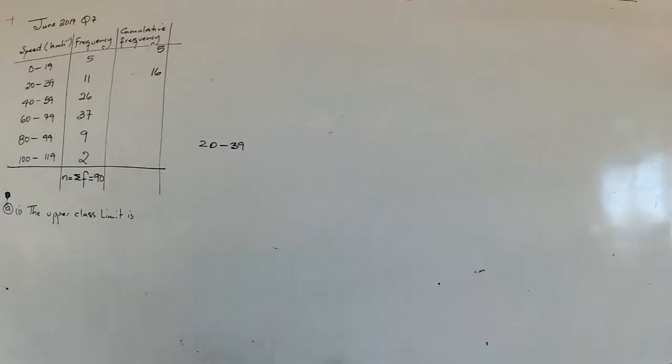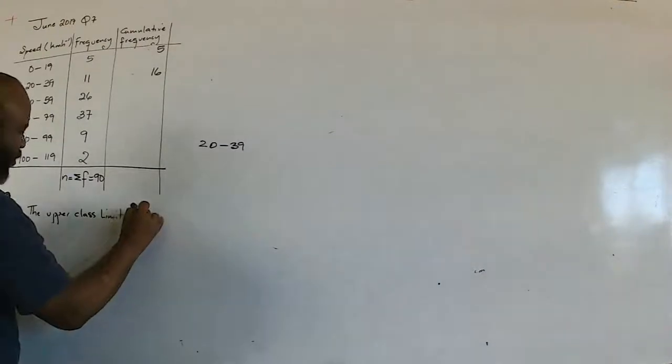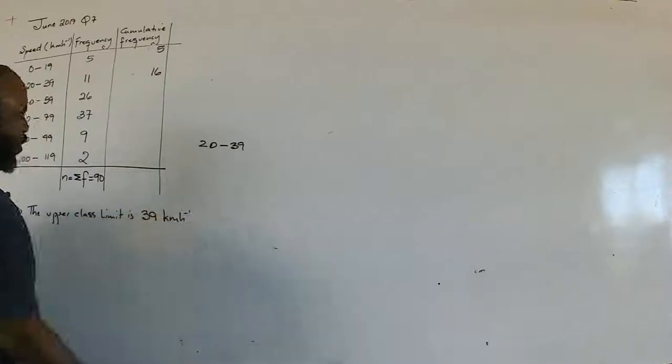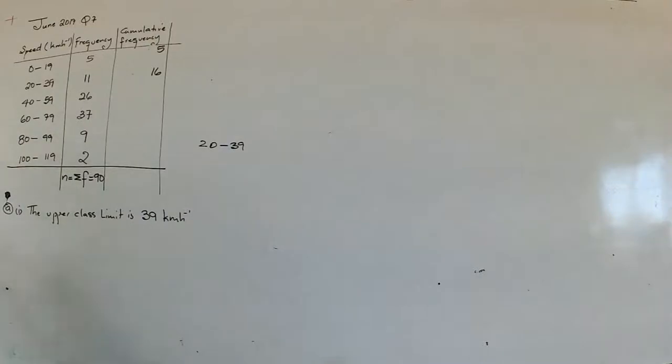What would be the upper class limit? The upper class limit is 39 kilometers per hour. Please note, these values are the lower class limit. These values are the upper class limit.